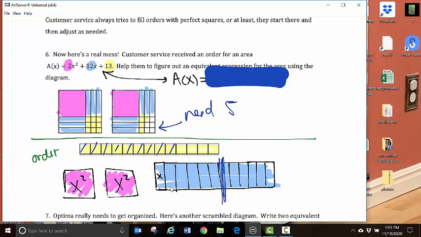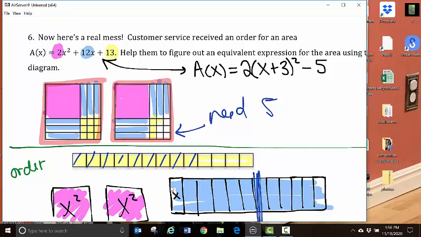Okay, so we want an equivalent expression for this, and here's how you can think about it. You could say, well, I have 2 quilts, 1, 2, and that's where I get this 2 from. Their dimensions are x plus 3 times x plus 3.